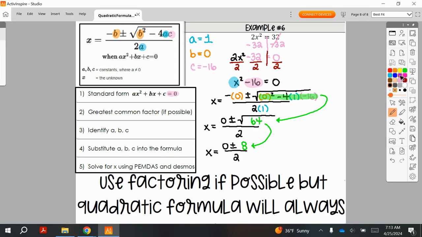Now we go ahead and break up to our two answers here. So for the two answers, I have x equals a 0 plus 8 over 2. And I have an x equals 0 minus 8 over 2. We get our numerator down each time to one single number.